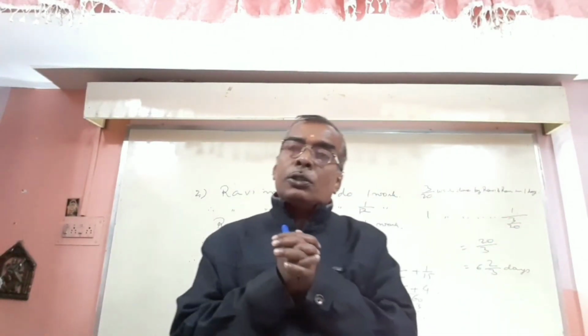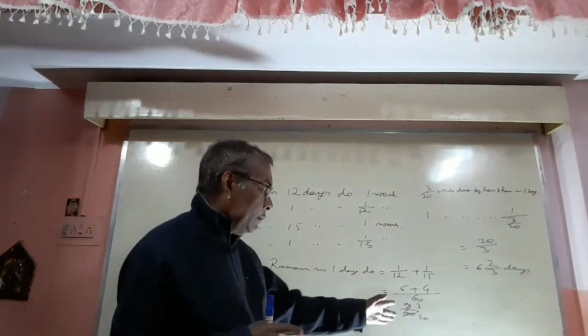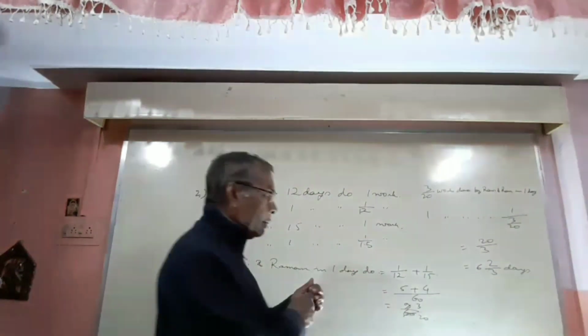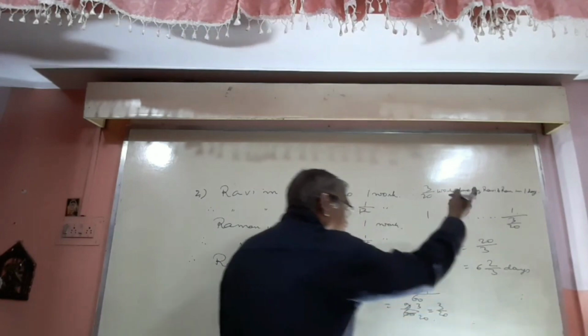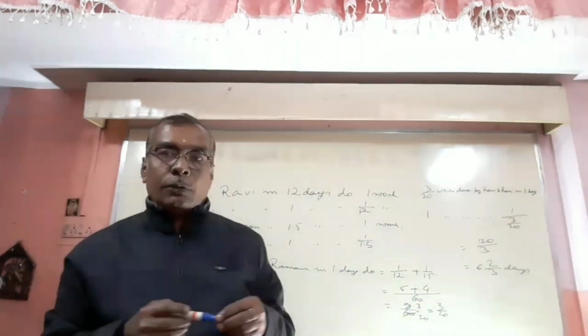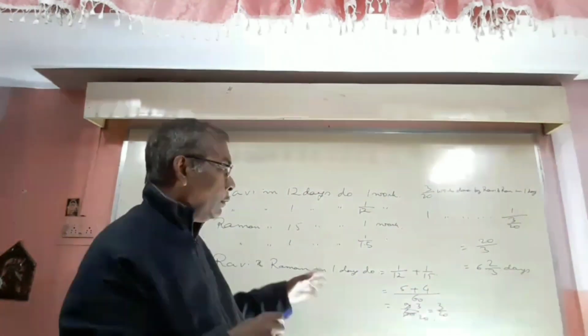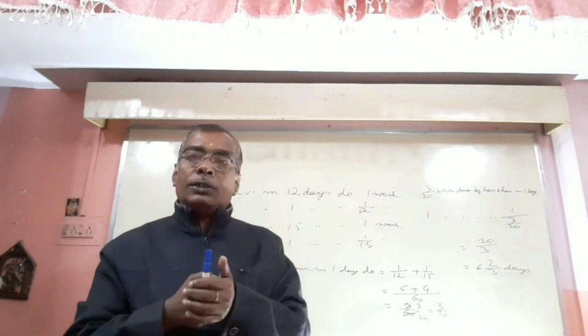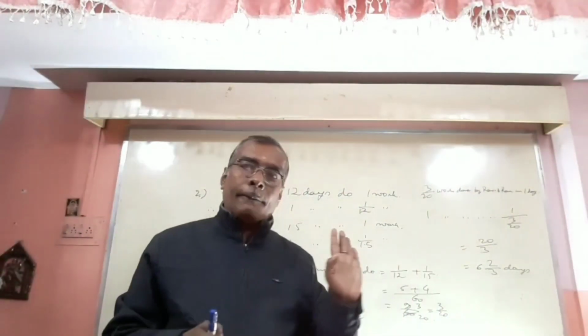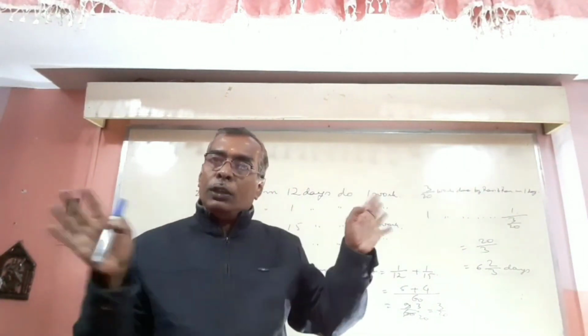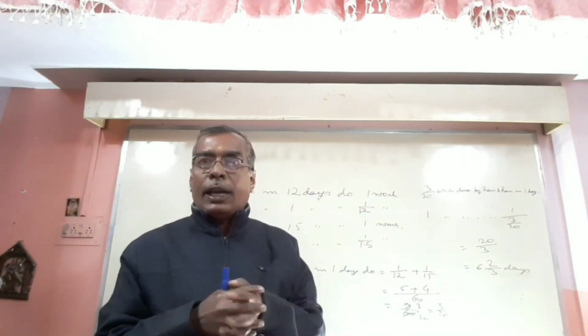After finding Ravi and Raman's one day work, the total work done in a day is 3 by 20. In the rest of the questions, I am not going to go into that much detail. After finding the one day work, if they finish the work together, how many days will they take? You have to find the reciprocal.